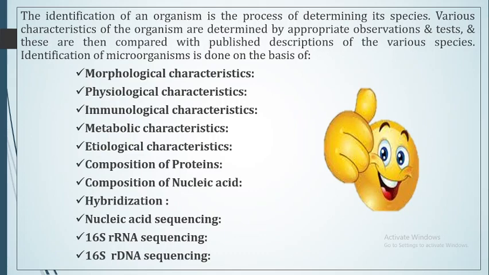Identification of microorganisms is done on the basis of morphological characteristics, physiological characteristics, immunological characteristics, their metabolic processes, etiological characteristics, their protein composition, their nucleic acid composition, hybridization process, and nucleic acid sequences, either RNA or rDNA.